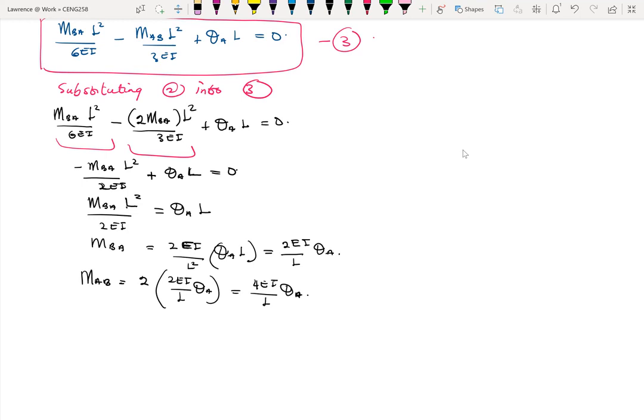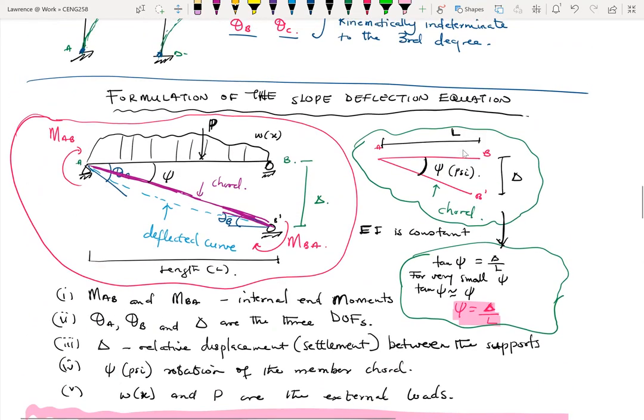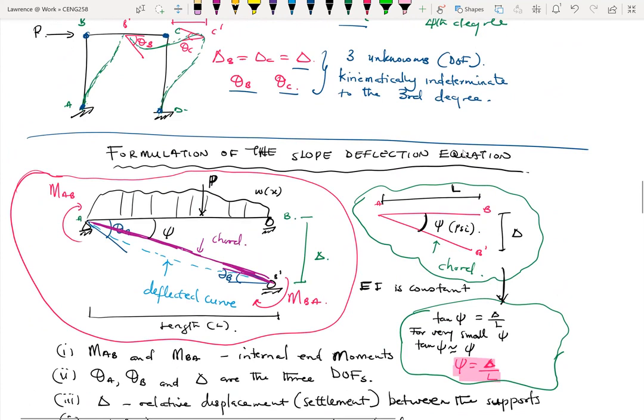So we are assuming that, if you go all the way up here to the general diagram, we have a case whereby the structure would experience both rotations at the ends of its member and also deflection at least at one of the ends of the member.